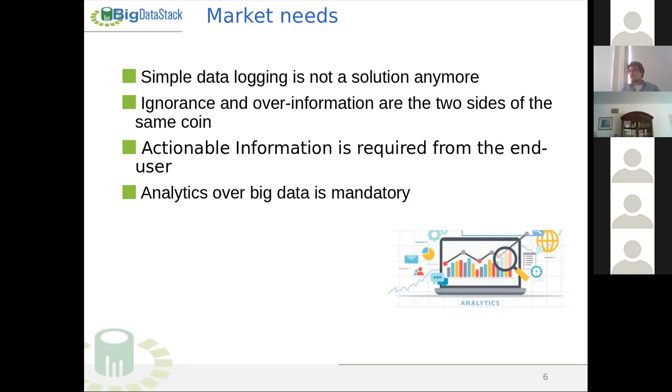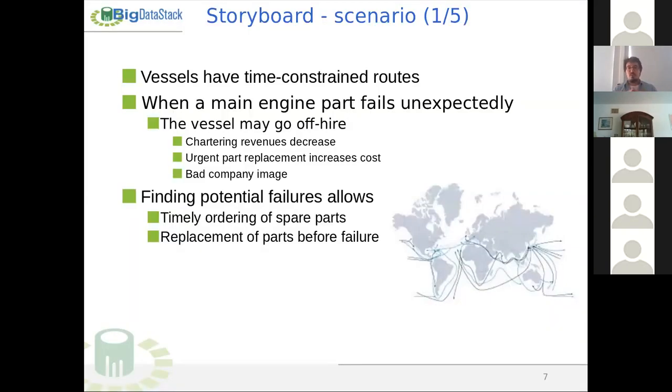So we offer a solution that is based on IoT, includes analytics, and needs an infrastructure behind it capable of supporting all these requirements. I'm going to dive deeper into what we wish to do in the framework of BigDataStack, and I'll tell you right now the seafarer state, for which I started talking about.